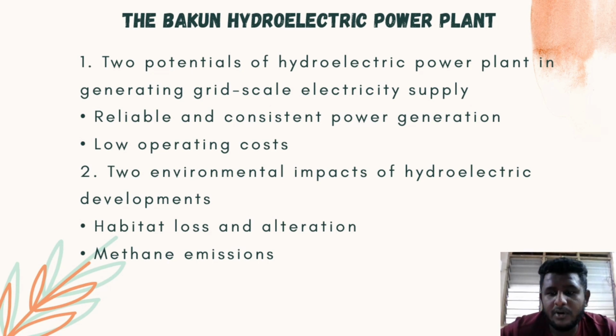This is because organic matter in the reservoirs can decompose and release methane into the atmosphere. The Bakun hydroelectric power plant has been shown to generate a significant amount of methane, which contributes to global warming.